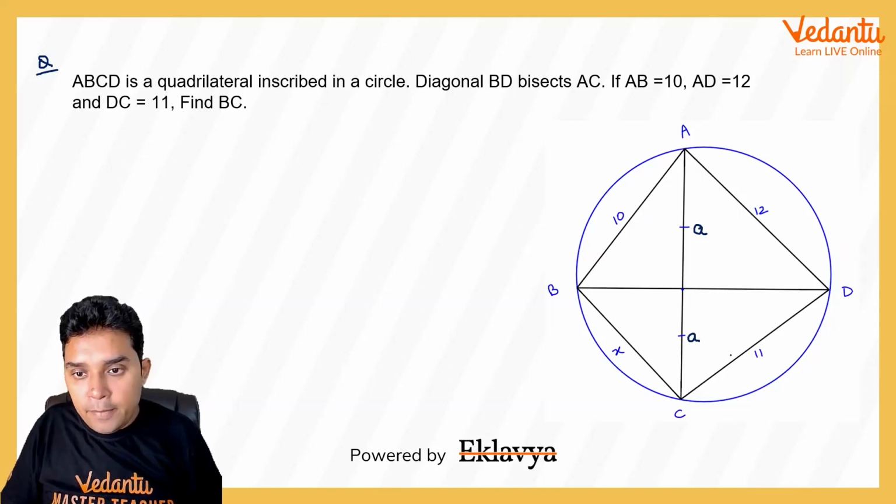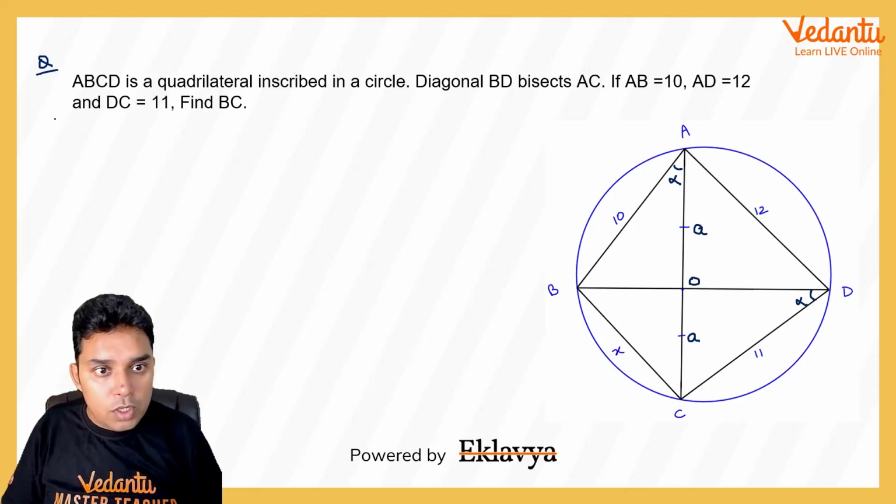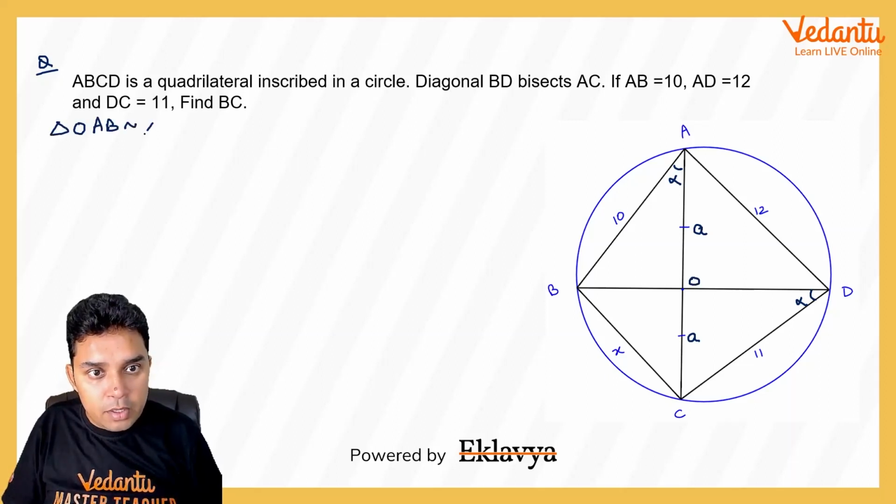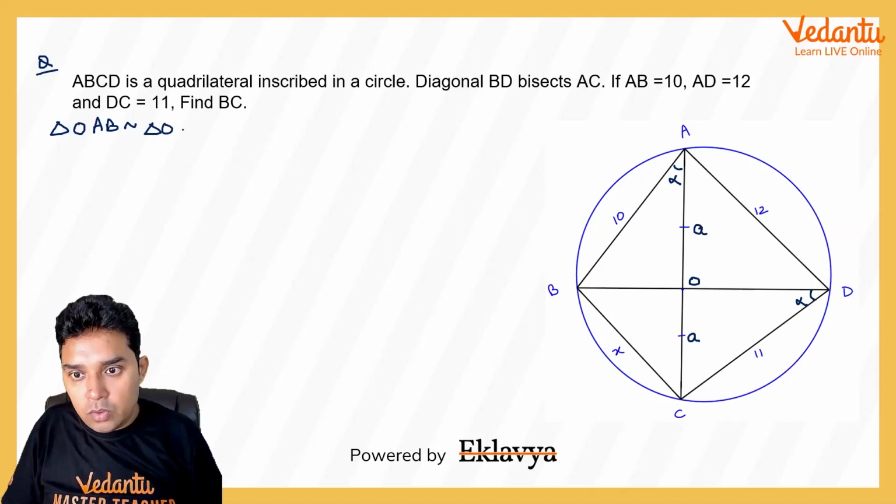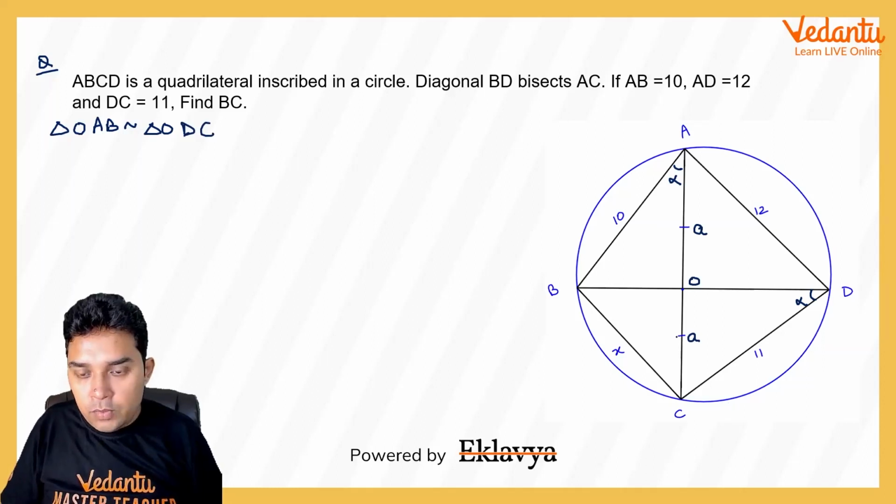Now please see, here we can see this angle will be equal to this angle. So you can see if this point is O, triangle OAB becomes similar to triangle ODC. OAB, ODC. Yeah. Now you can see the ratio of similarity is 10 upon 11.